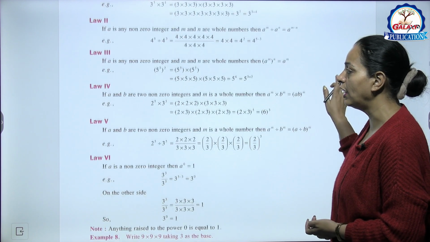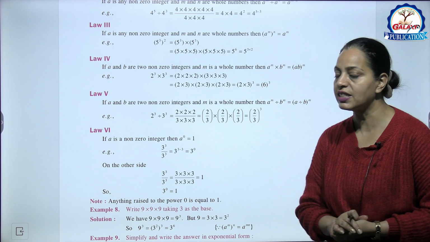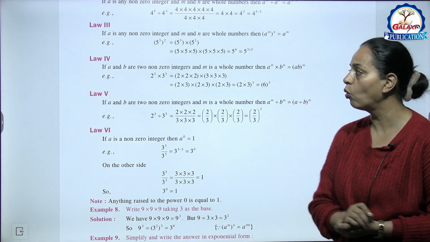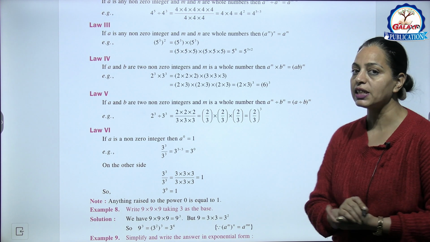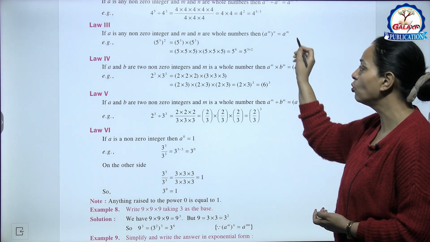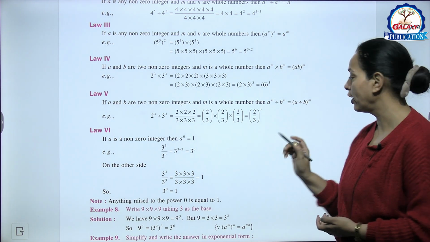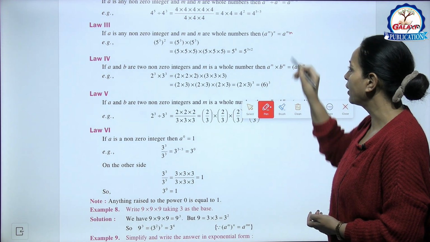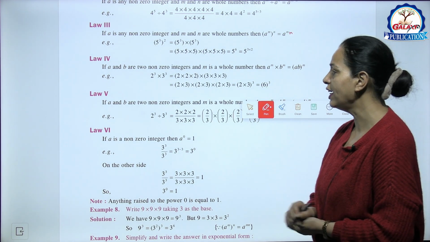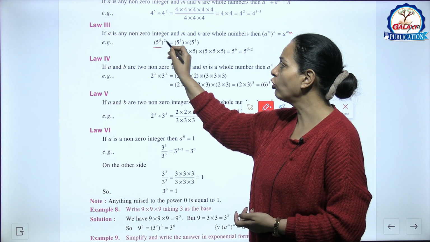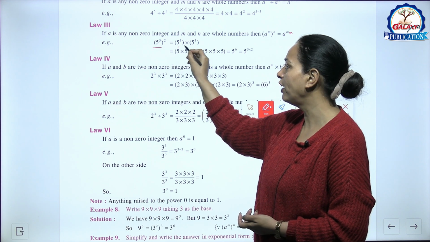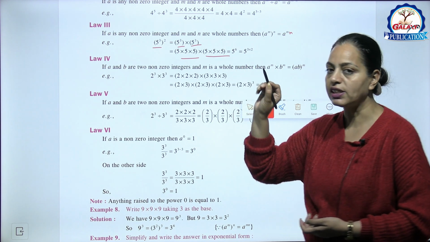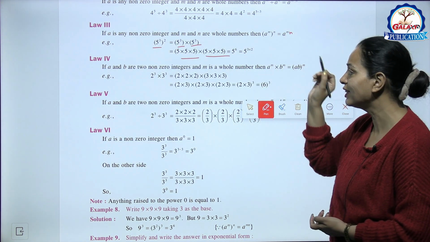Now law 3: if a is any non-zero integer and m and n are whole numbers, then a raised to the power m whole power n becomes a raised to the power m into n. पावर्स क्या हो जाएंगी आपस में, मल्टीप्लाई, राइट? तो यहाँ पर क्या आ जाएगा, m into n. See here, for example, 5 cube whole power 2, it means 5 cube into 5 cube, it means 5, 3 times, 5, 3 times, so it means 5 total 6 times.